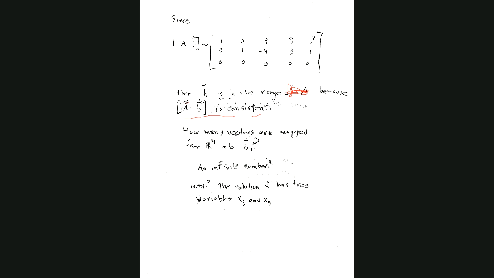So B is in the range because our system is consistent. I didn't even bother to solve it.